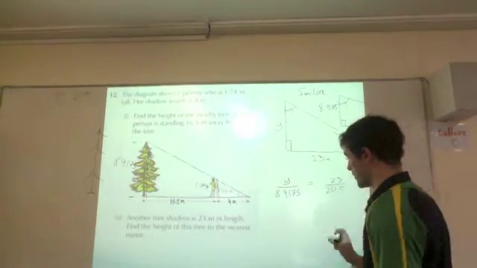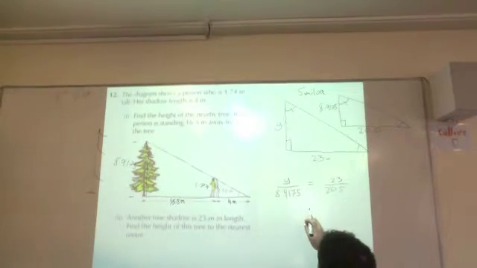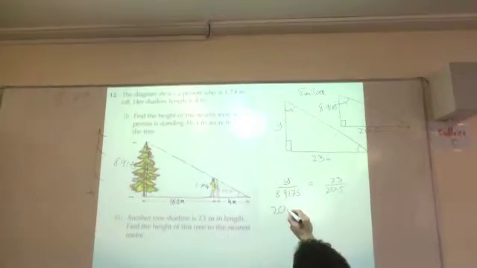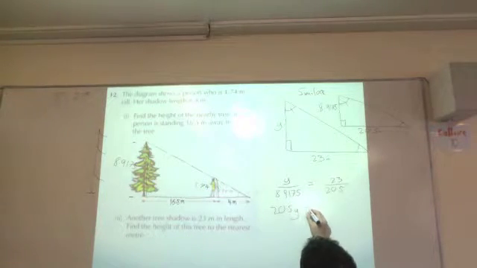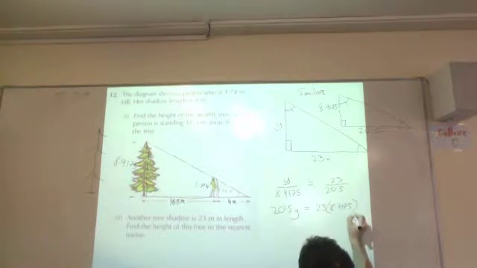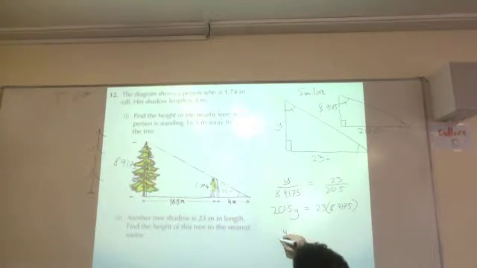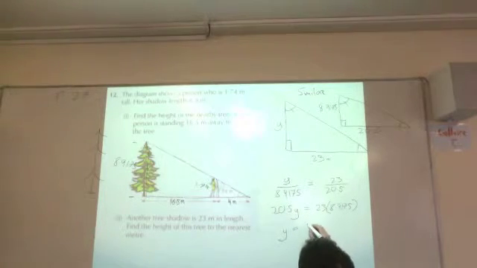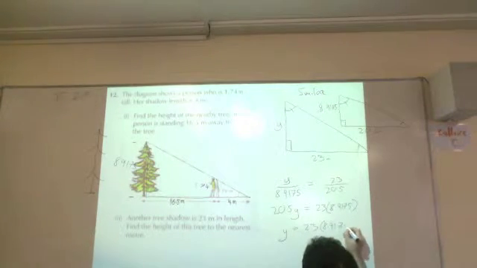Multiply across what you have on the bottom. I'm going to do this very quickly. 20.5 y is equal to 23 by 8.9175. And then y is equal to 23 by 8.9175 all over 20.5.